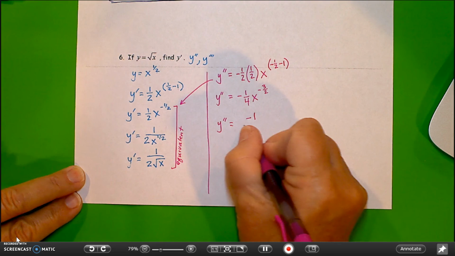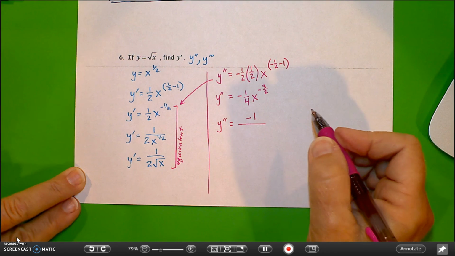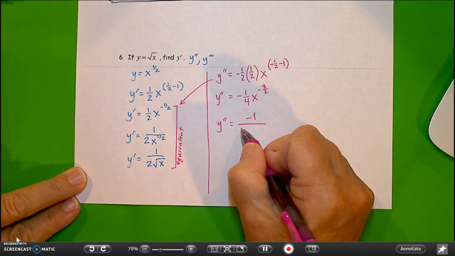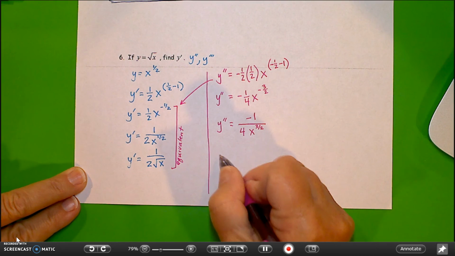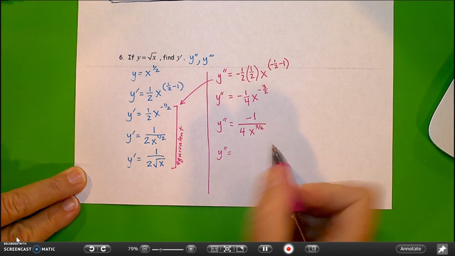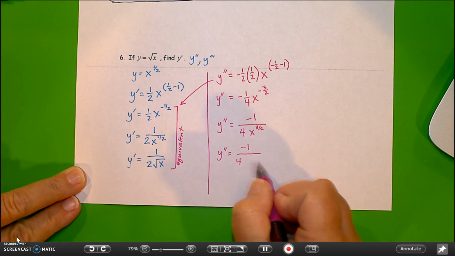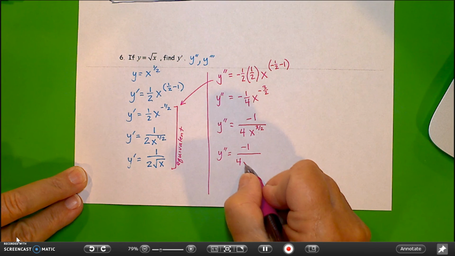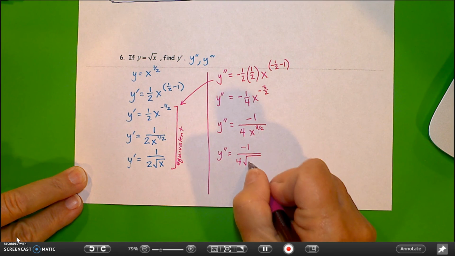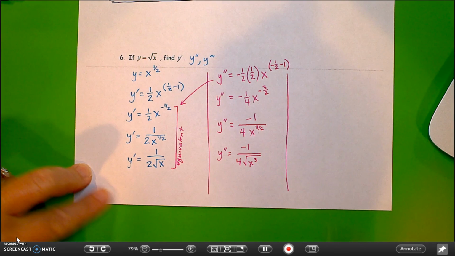The negative can actually go out in front of the whole thing, but I'm okay with putting it right up top. 4 is in the denominator. x to the 3/2 power is in the denominator. And if I change this to a radical, since the 2 is the bottom part of the fraction, it is a square root. And on the inside of the square root is x cubed.